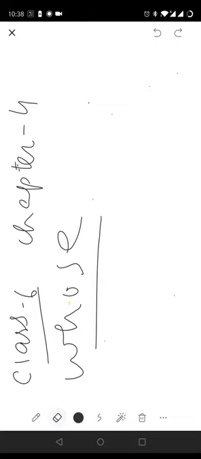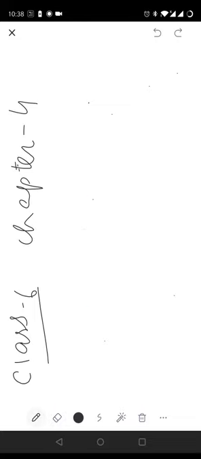Fourth is which. Which is used for non-living things, and in a situation when there is a living thing, we also use which, but that living entity should be very small or tiny.